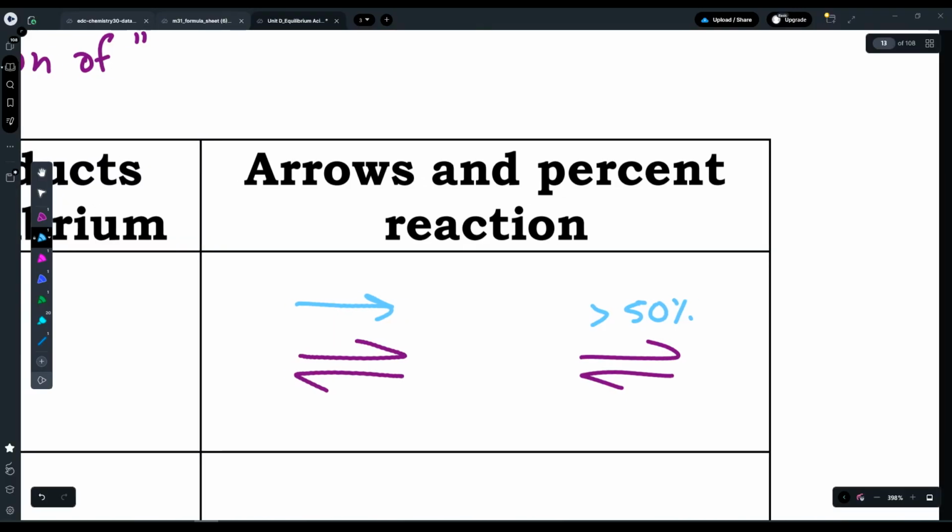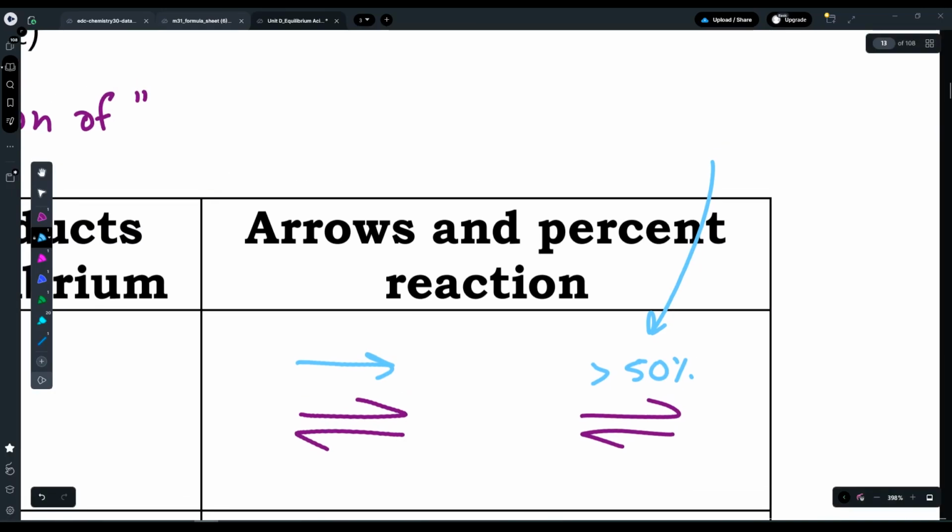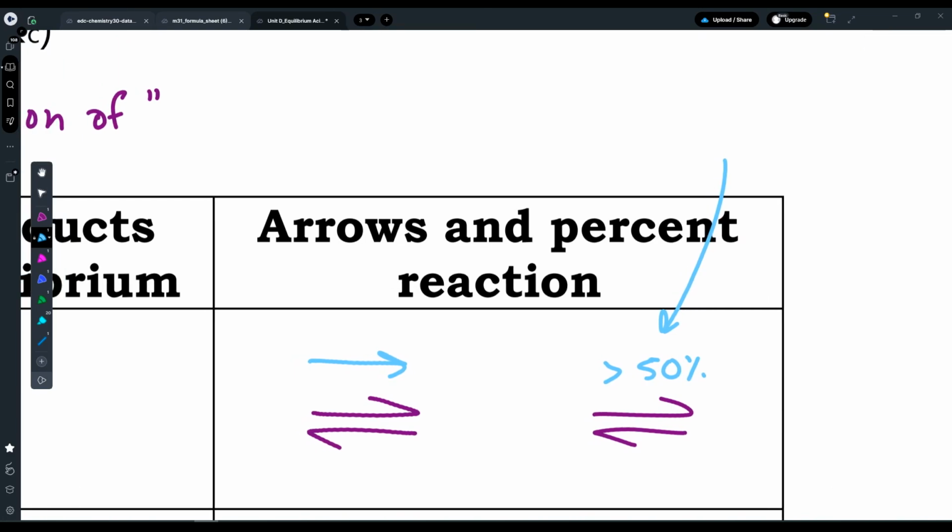What this means is that more than 50% of the products are being formed. That indicates that the forward reaction is favored, or in other words, the products are being favored.